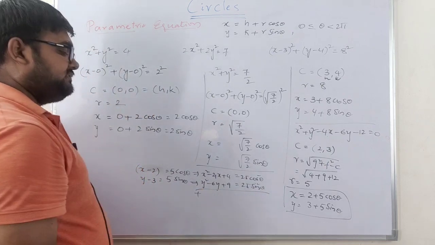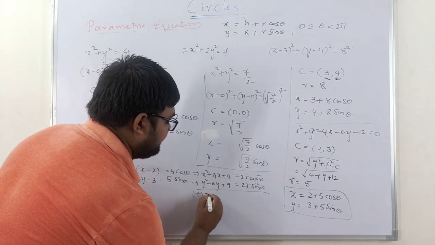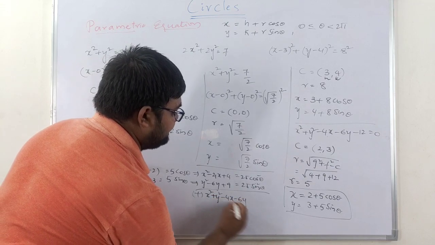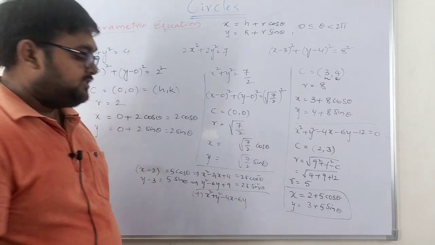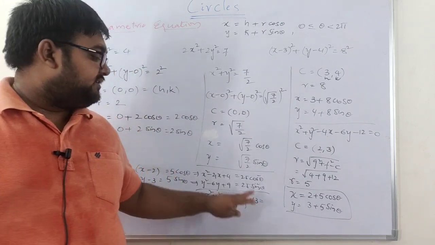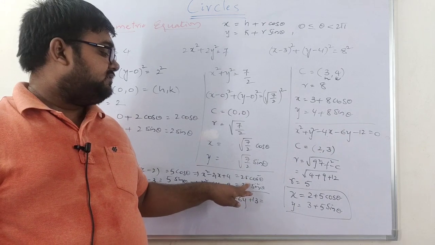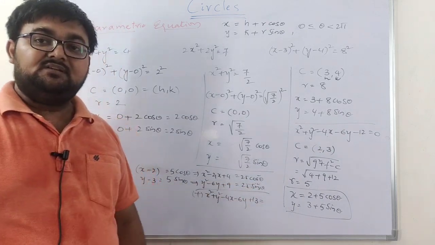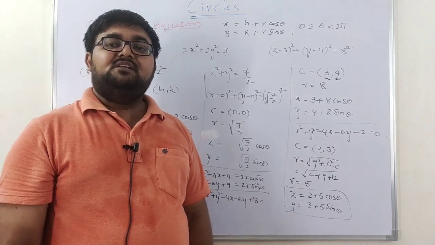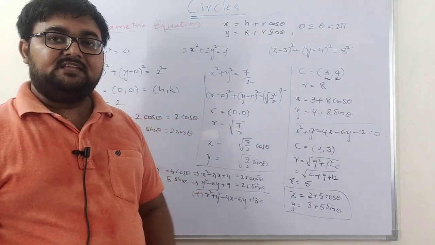If you add these, what are you going to get? x square plus y square minus 4x minus 6y, plus 9 plus 4, that is 13, is equal to, on the right hand side, 25 cos square theta plus 25 sin square theta. If you take 25 as common, cos square theta plus sin square theta, what is its value? It is nothing but 1.